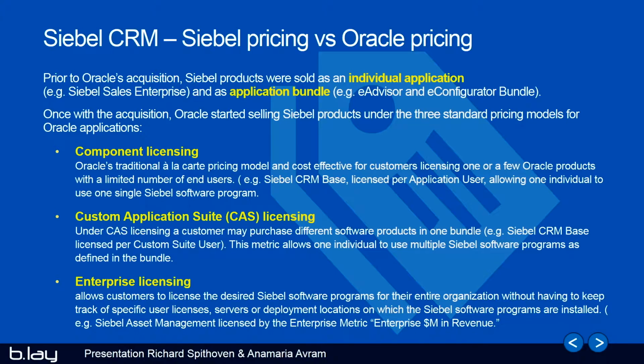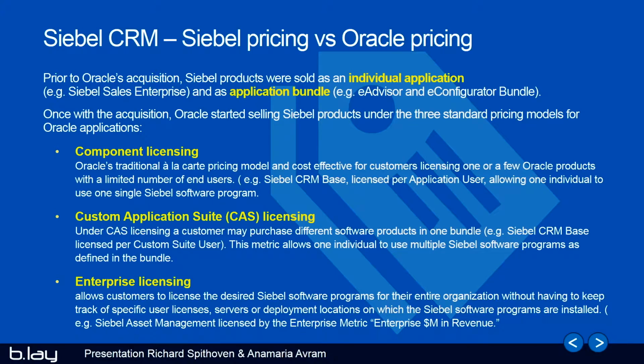The next category is custom application suite licensing. Under custom application suite licensing, a customer may purchase different software products in one bundle. For instance, Siebel CRM Base licensed per customer user. And this metric allows one individual to use multiple Siebel software programs as defined in the bundle they signed for.